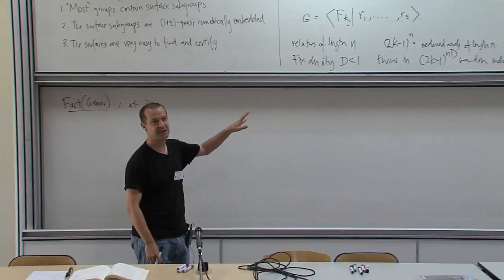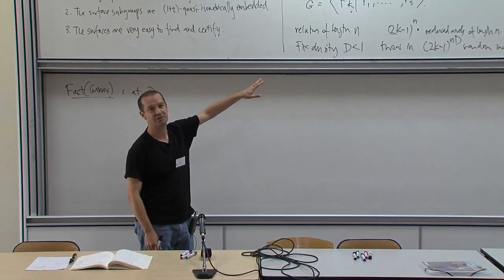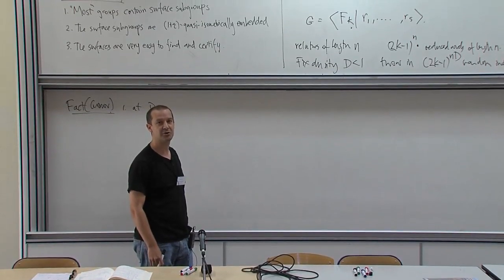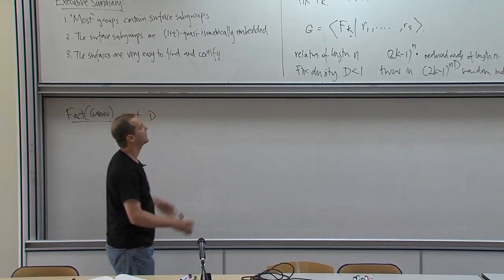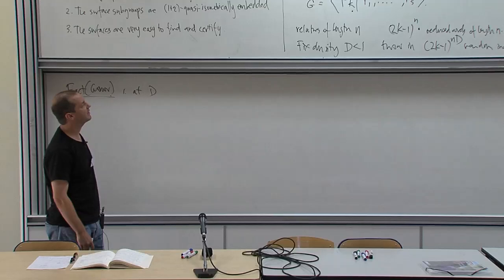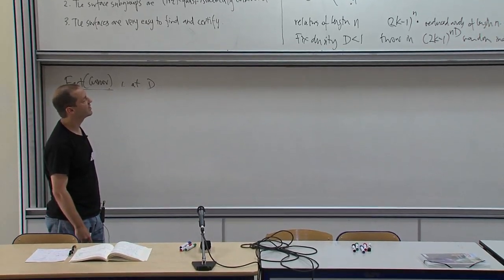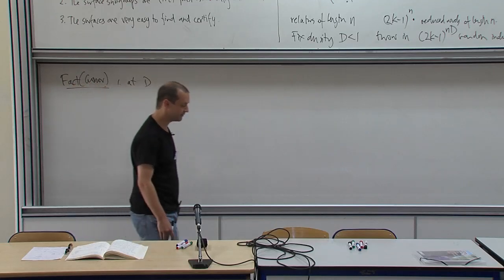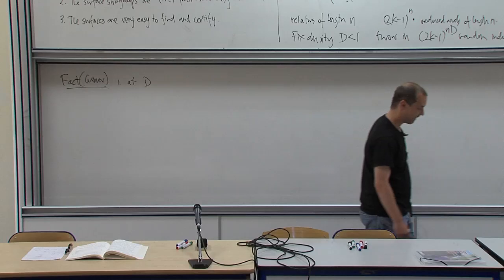So the idea is d is fixed, but n is going to be as large as necessary for whatever arguments you're using to kick in. Large here in theoretical terms means that the log of n has to be large, so n is going to be quite large.